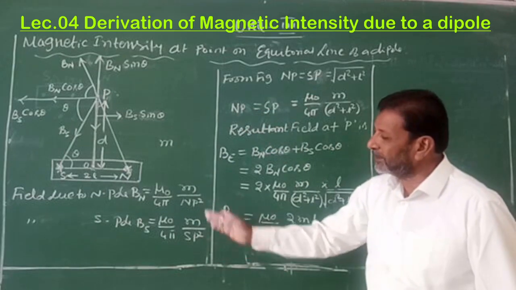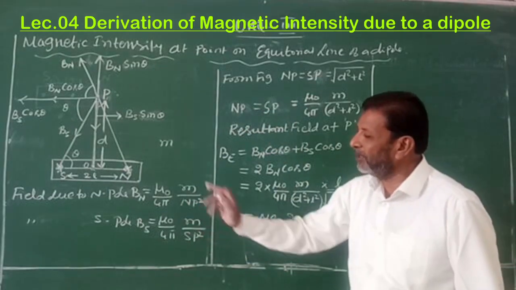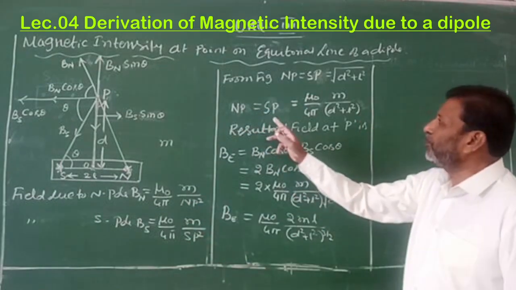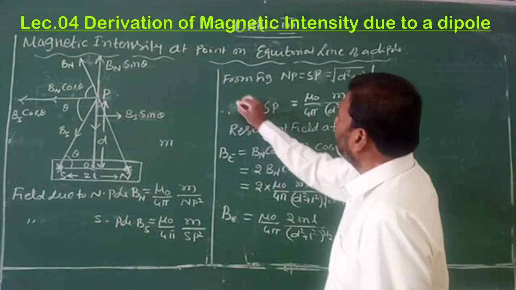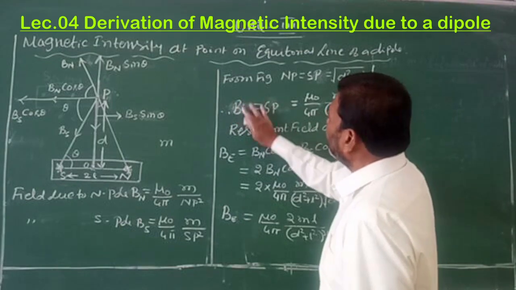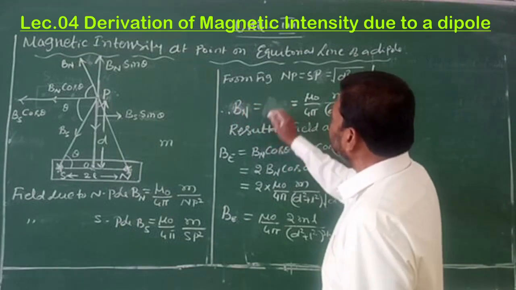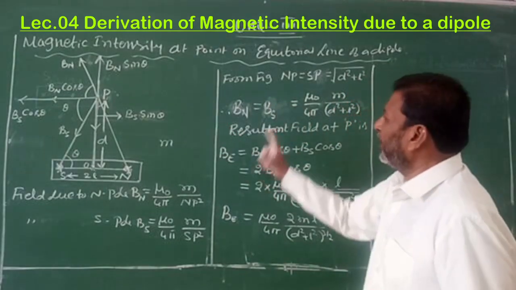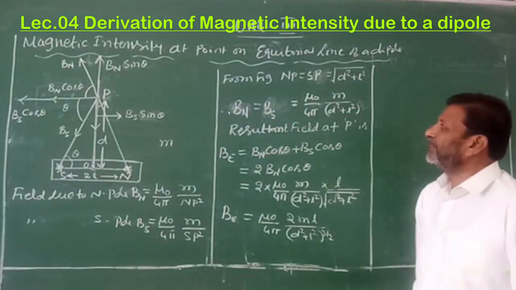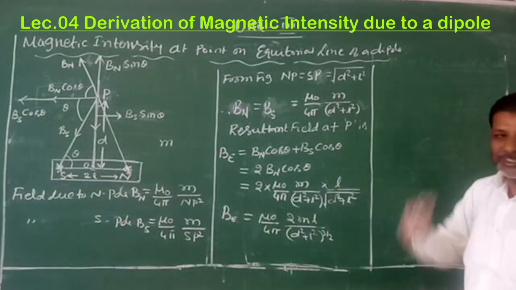If these two values are the same, you can see that the remaining factors are same, so Bn is equal to Bs. Field due to the north pole and field due to the south pole are the same. Its value is equal to this much.